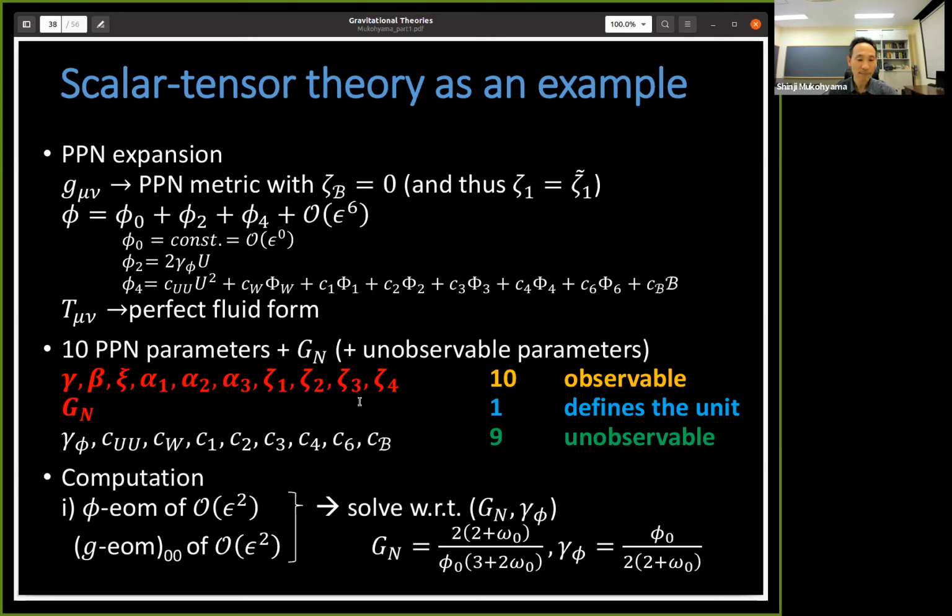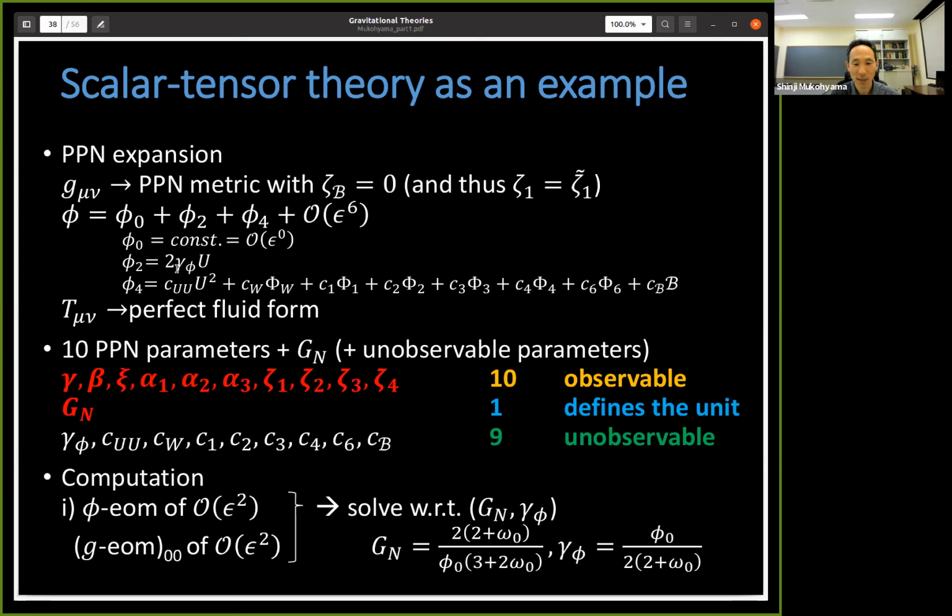Now we can compute the PPN parameters in several steps. In the first step, we compute the equation of motion for phi up to the second order in epsilon, and also the zero component of the Einstein equation up to the second order in epsilon. Then they can be solved with respect to G Newton and gamma phi.